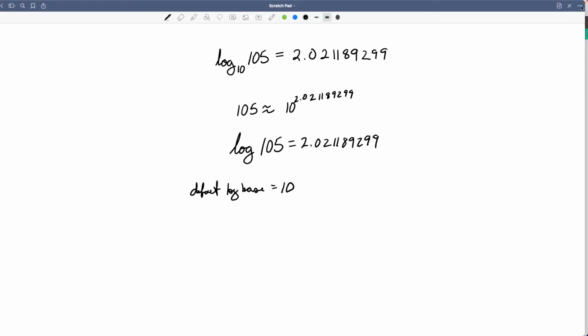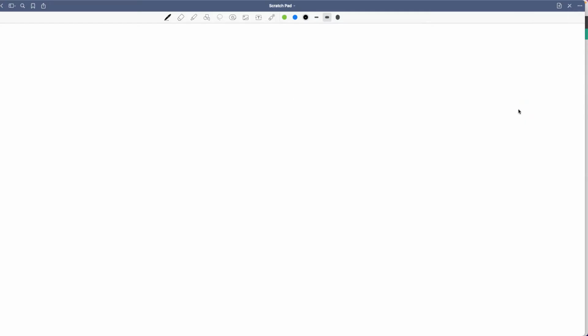So let's clear the page and talk about something else for just a minute. The number e, so yes, I said that right. The number e is known as the natural logarithm, and it's abbreviated ln. It's an irrational number, and that's very important in calculus and other advanced math courses.